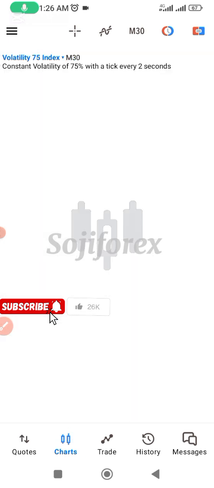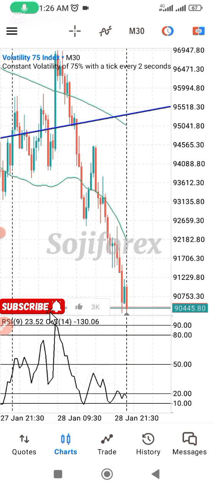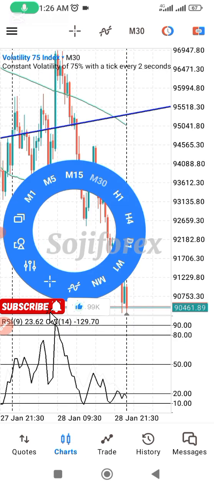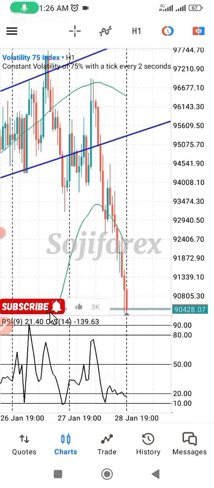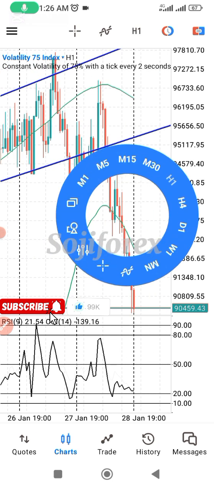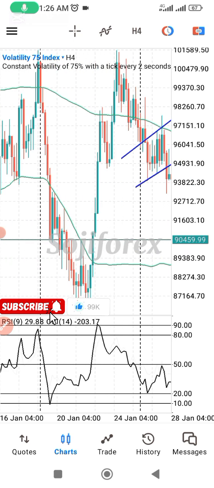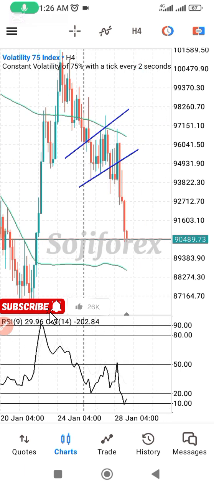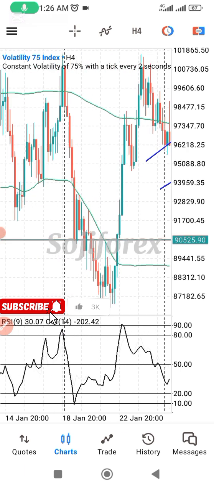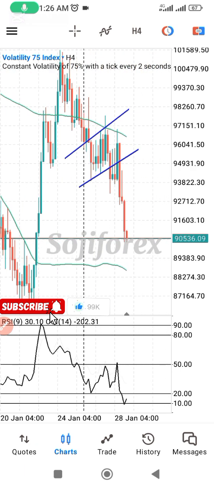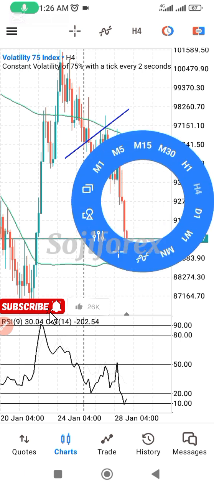So it is possible that what you are trading is not in line with the trend of the market per time. For instance, this is volatility 75, and if you look at it, price is below the middle Bollinger Band.